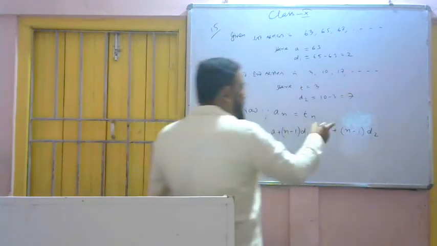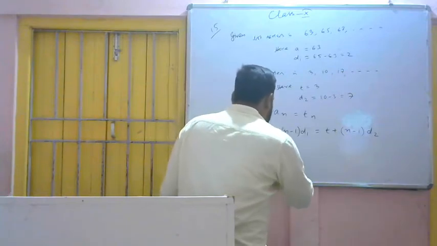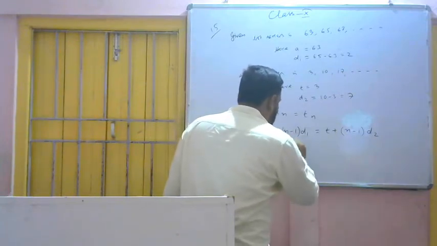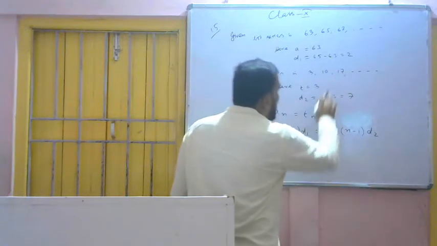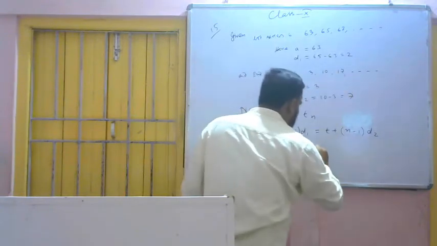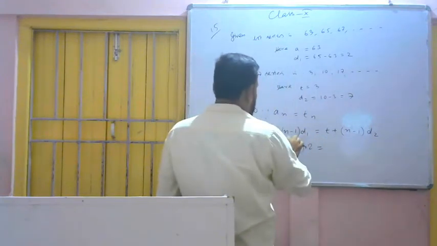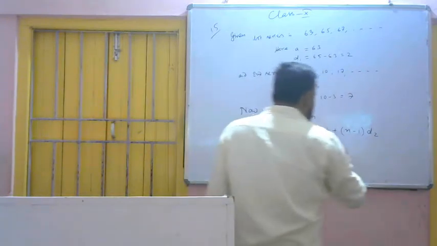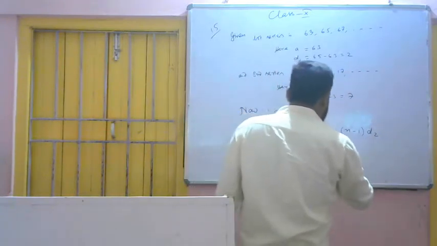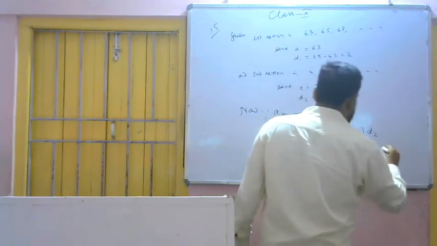We have to find out the value of n. Now, a plus, what is n? Don't know. A plus (n minus 1), what is d1? 2, is equal to, the value of a is 63, then the value of t is 3 plus (n minus 1) into d2, 7.